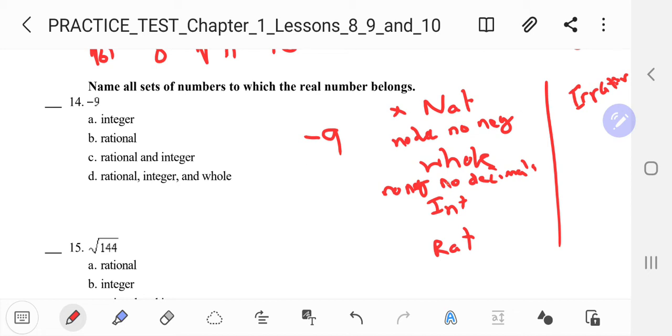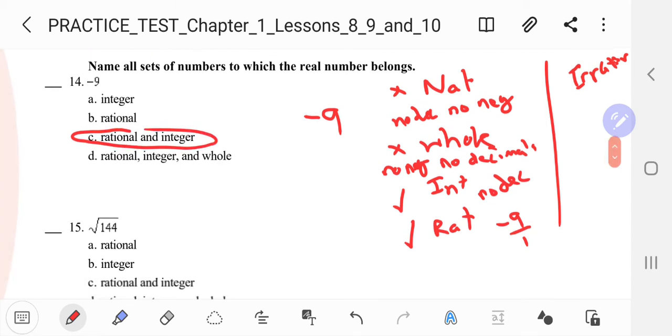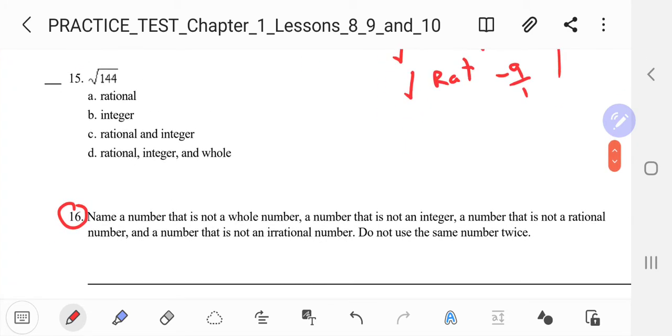That's the only difference between natural and whole. Integers just have to have no decimal. So this has no decimal, so it's not whole, but it is an integer. And rational, can it be written as a fraction? Sure, -9/1. So rational and integer. Keep it moving.